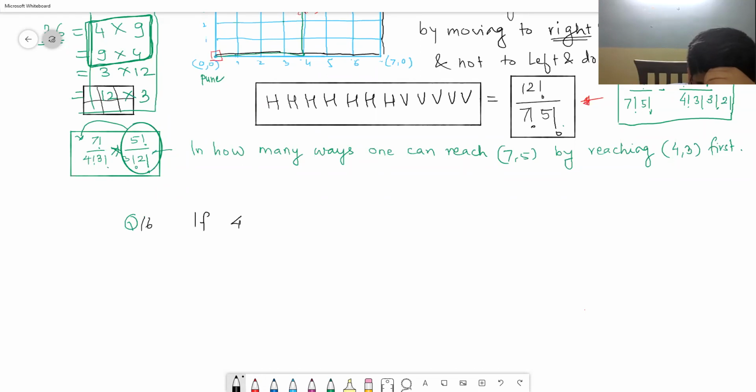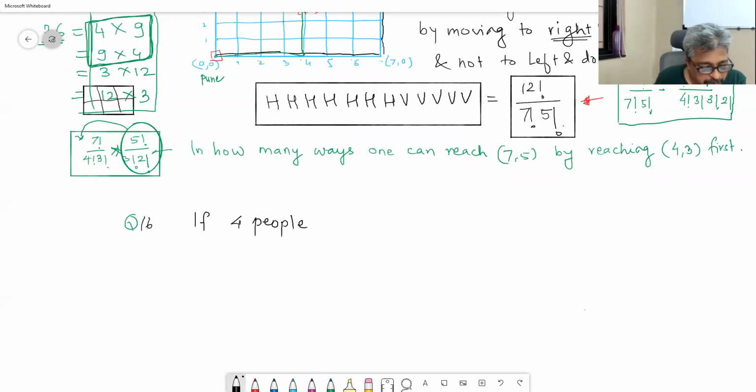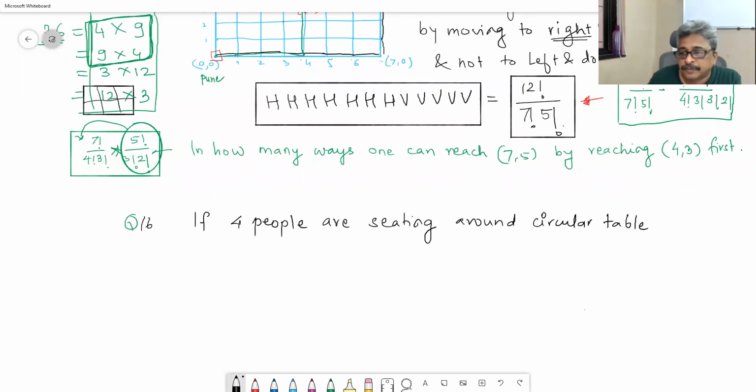If 4 people are sitting around a circular table, how many ways can it be done?